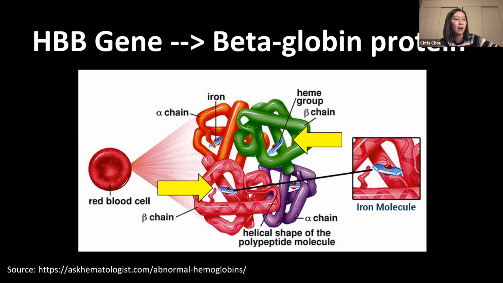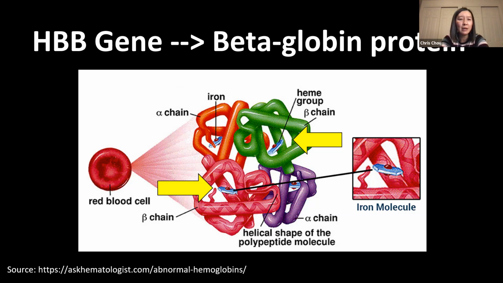So let's talk about the gene involved here that may have a genetic mutation. Let's talk about the HBB gene. This is the beta globin gene that produces the protein beta globin, which is one of the subunits in the oxygen carrying protein called hemoglobin.